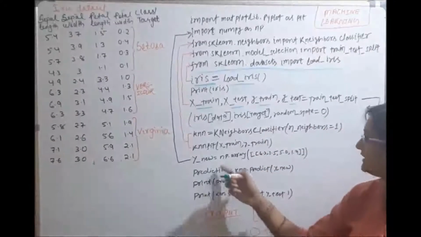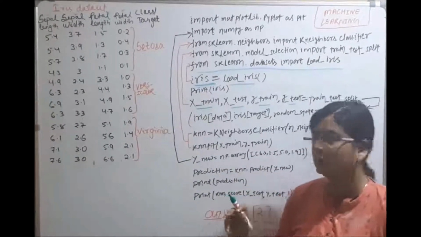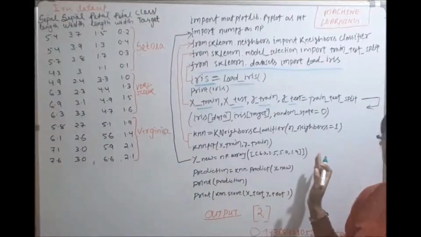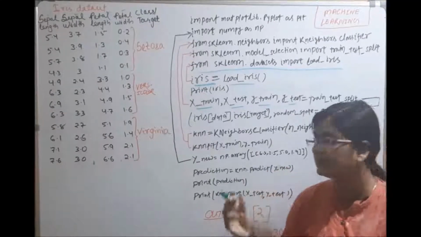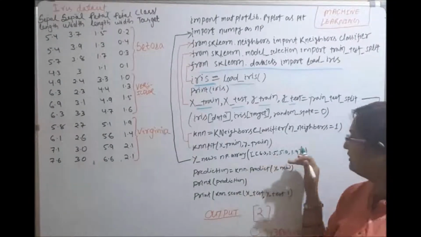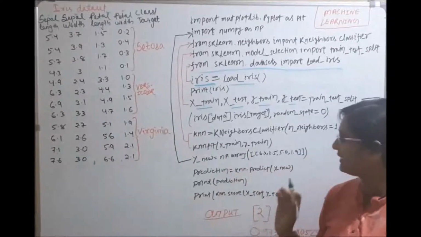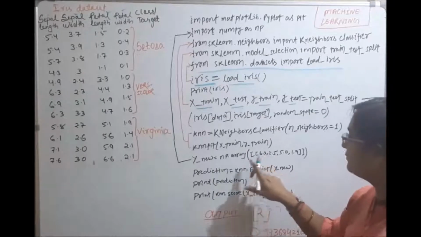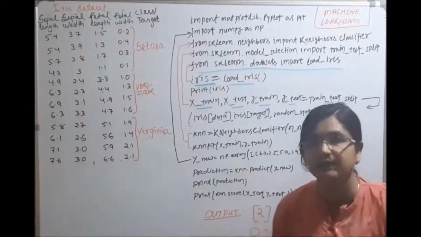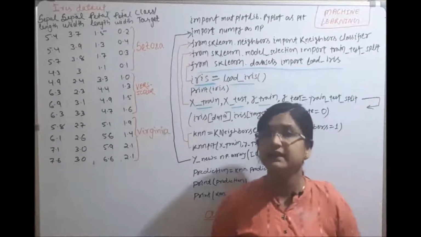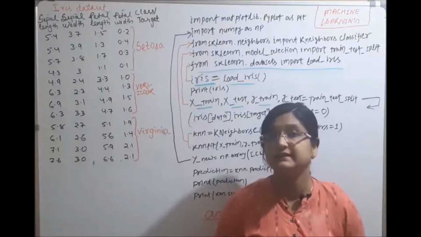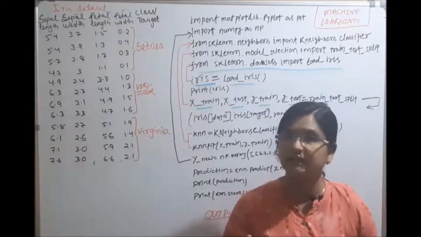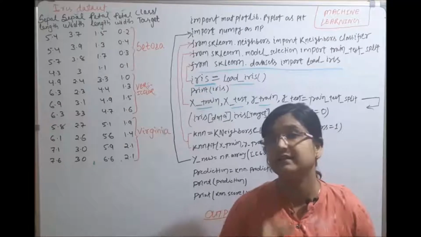Here you can see I have taken an array. y_new is the array, and I have taken 4 values: sepal length, sepal width, petal length and petal width. To use an array in your Python coding, you also have to write its respective library.